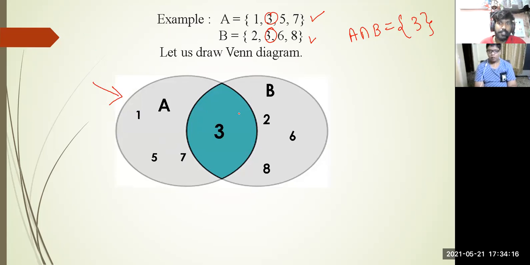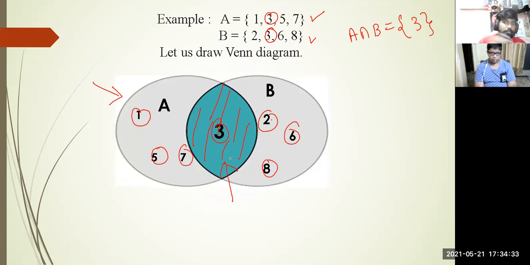And B has elements 2, 6, 8, and 3. If you see, this shaded portion is called the intersection portion, or the common part of A and B. So this denotes A intersection B, and in A intersection B there is only 3.